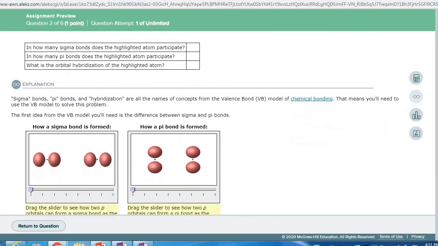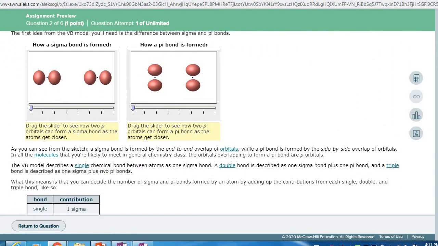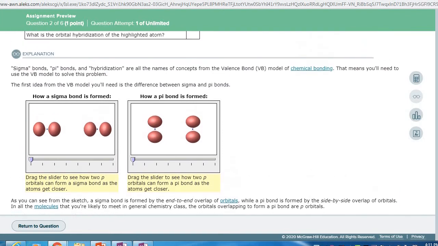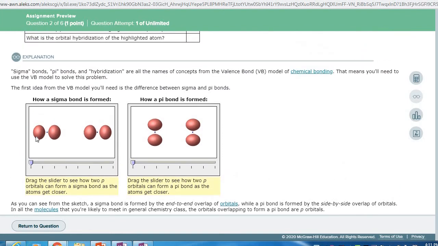It's kind of showing us how these sigma bonds and pi bonds are formed, and it asks us to drag a slider right here. So we have 2 p orbitals that are going to overlap here and form a bond. As those orbitals get close, we form that sigma bond.